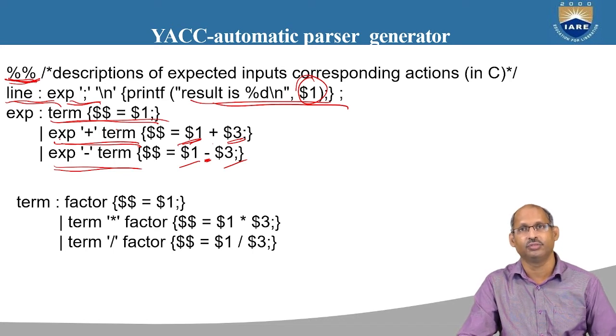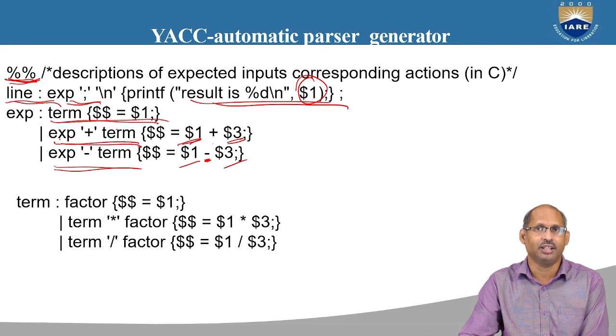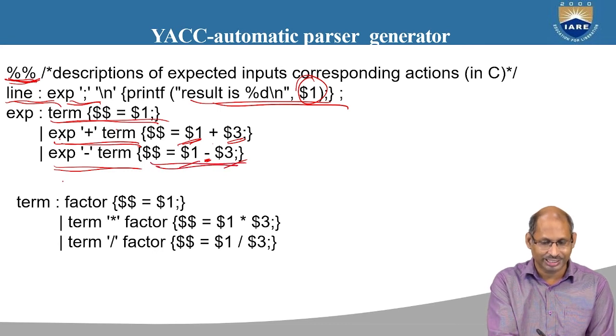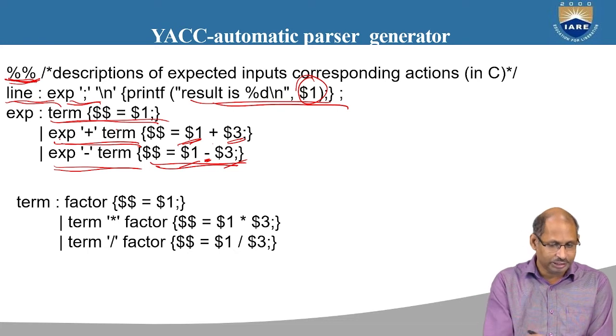Addition of two elements, right? $1 plus $3, $1 minus $3. So according to that, expression plus term will give this result that is given as output. This represents the action part respective for this expression. Then what is a term?